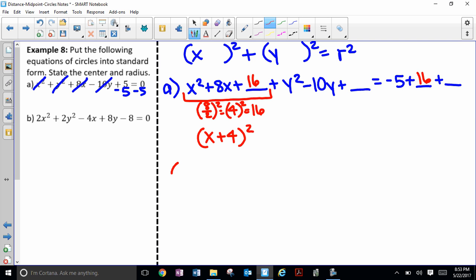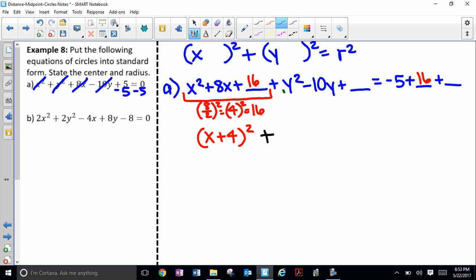If I were to factor this, you would get x plus 4, x plus 4. That gives you 8 in the middle when you add 4 and 4, and when you multiply 4 times 4, you get 16. That's important because remember, in the standard form of the equation, you need an x in parentheses squared. And I've got an x with a parentheses squared. Okay?